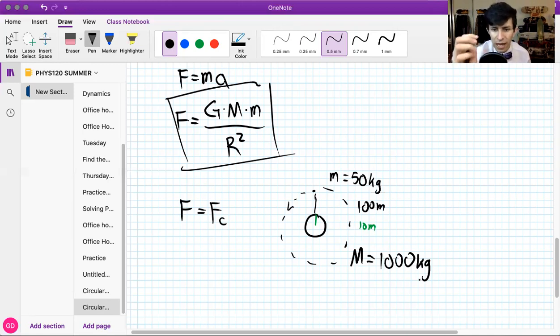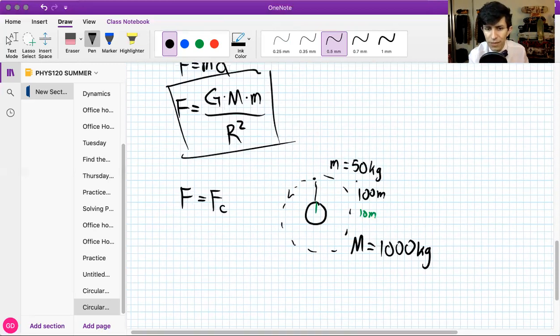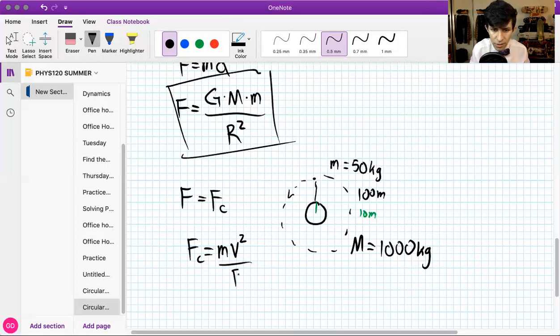If I ask you that, then you know, okay, I need to use the centripetal force equation because I'm going in a circle. But the thing is, with the information, so let's write this down. Centripetal force is just mass. And one piece of information I haven't gone over is the mass. You may be wondering, is it the mass of the bigger object or the smaller object?